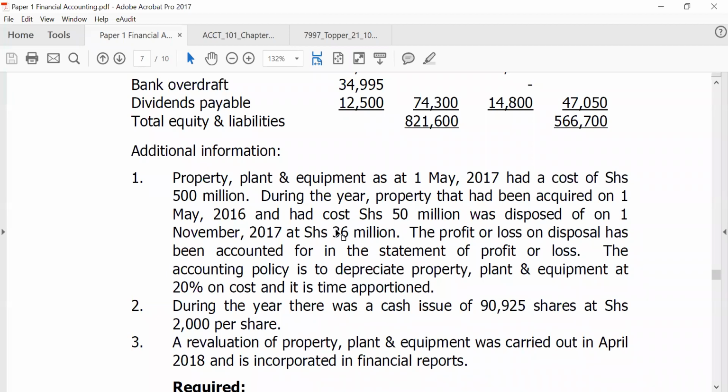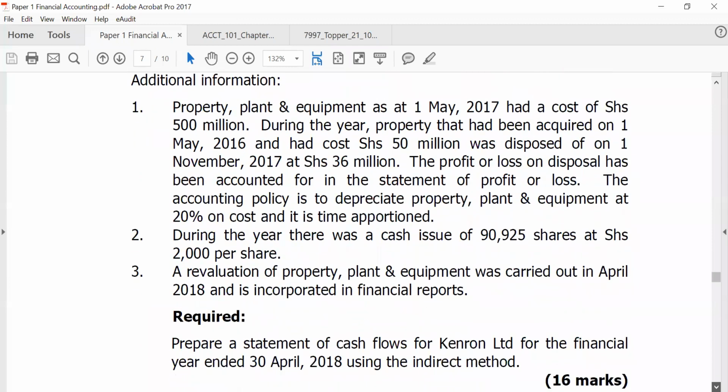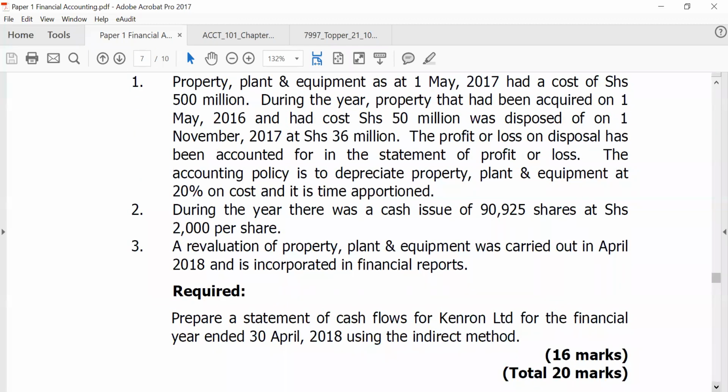So from 1st November, if our year is ending 30th April, we have the whole of November, December, January, February, March, and then April. So ideally, this asset was in place for 6 months before it was disposed of.